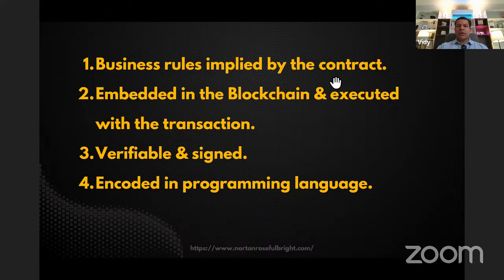A business rule can be included in a contract, and the business rule is written in such a way that ideally it should be automatically executed, which means the software that we have written on the blockchain will receive inputs through some mechanism.